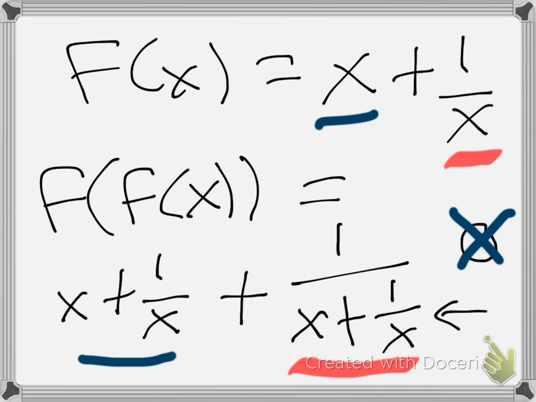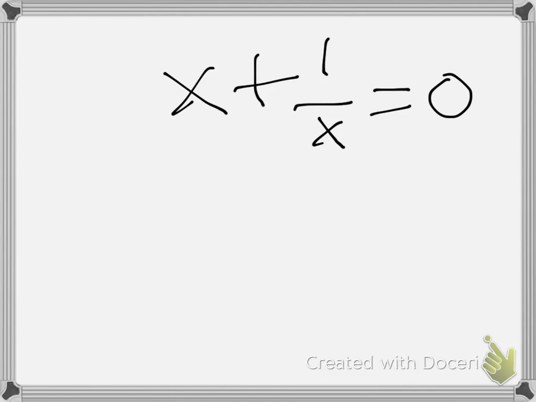So it's a problem in two places. But I also have this entire denominator here. This is all under the 1. So that entire expression there cannot be 0 either. So I need to solve and figure out when is that expression 0, which may be never, but we need to check. So I need to know when x plus 1 over x is equal to 0.